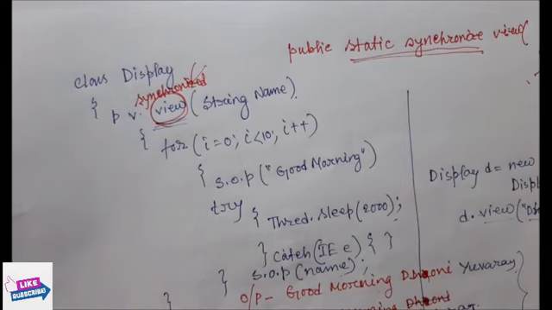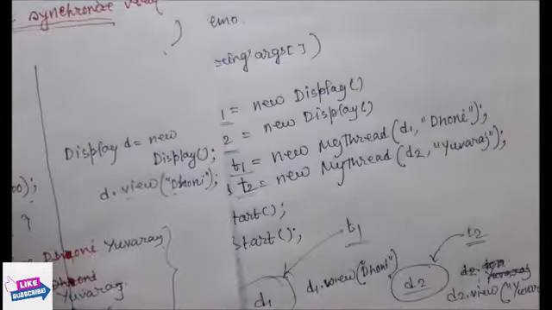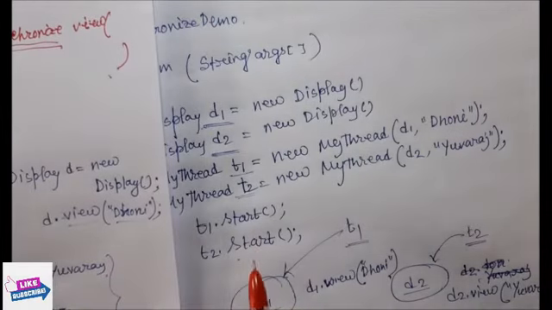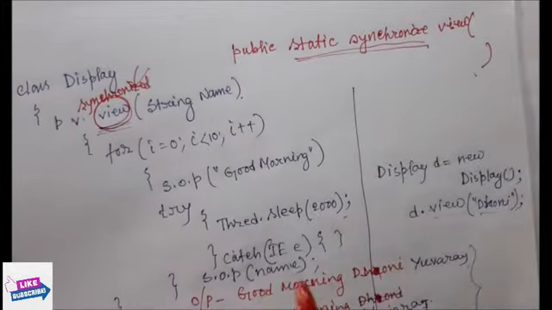Now, will I get the regular output or irregular output? I will get the regular output. Why? Because when you use static synchronized, it is basically a class level lock. So when t1.start executes, it will run the for loop, i equal to 0, i less than or equal to 10, i plus plus.